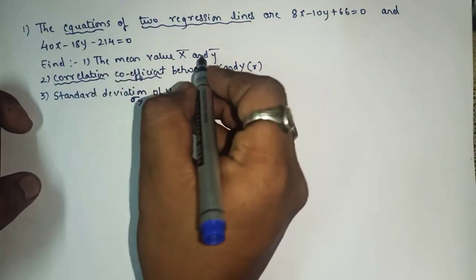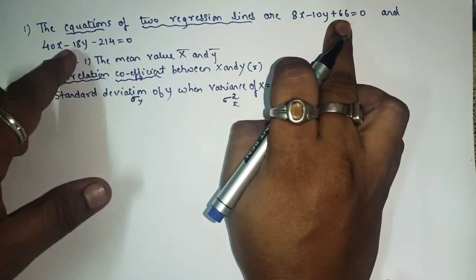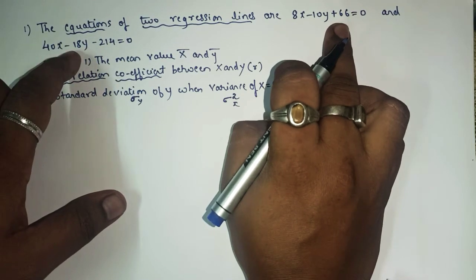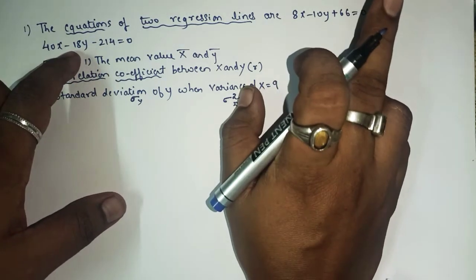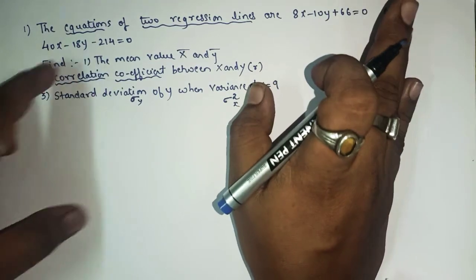To find the mean value, for each and every sum, simply you will solve these two equations simultaneously. I hope you all know simultaneous equations, which were there in the 10th standard, chapter number 1, algebra, linear equations in two variables.